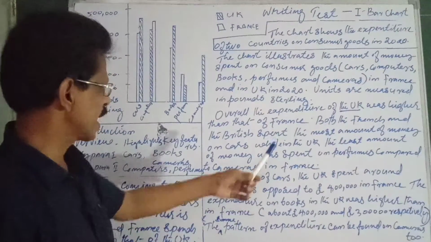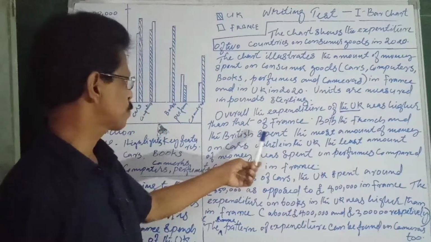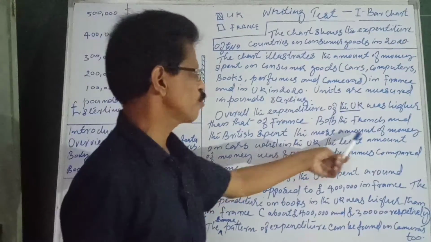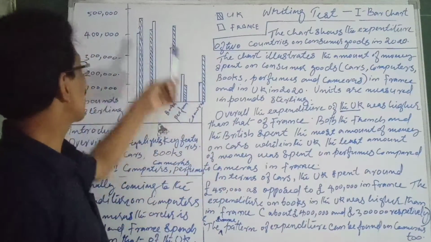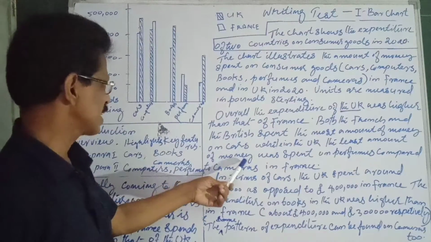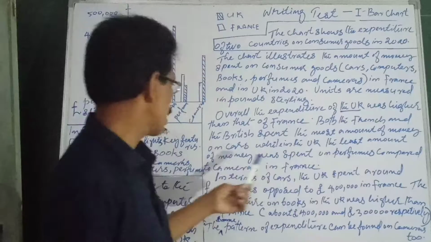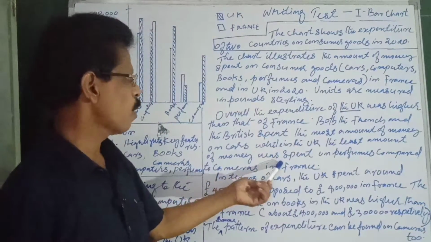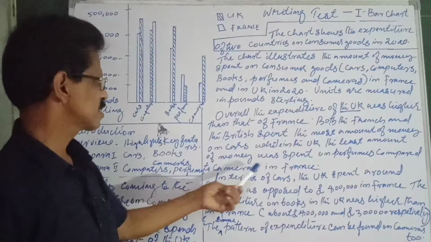See the sentence once again. Both the French and the British spend the most amount of money on cars. That is the highest, where they spend the highest amount of money. While in the UK, the least amount of money was spent on perfumes compared to cameras in France.